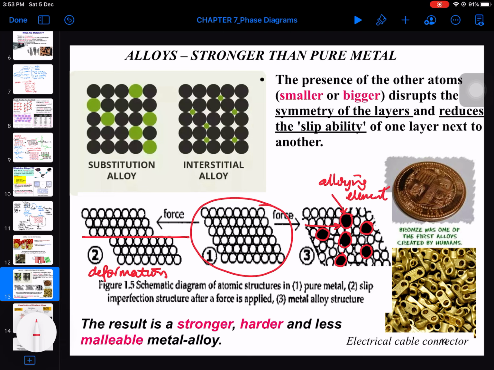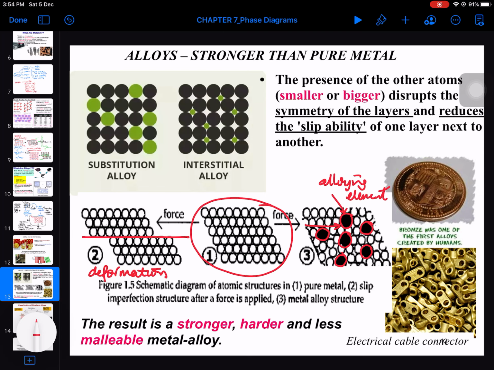Why? Because in order to cross through the alloying element, it needs to surpass another set of energy barrier, because it's a different element.